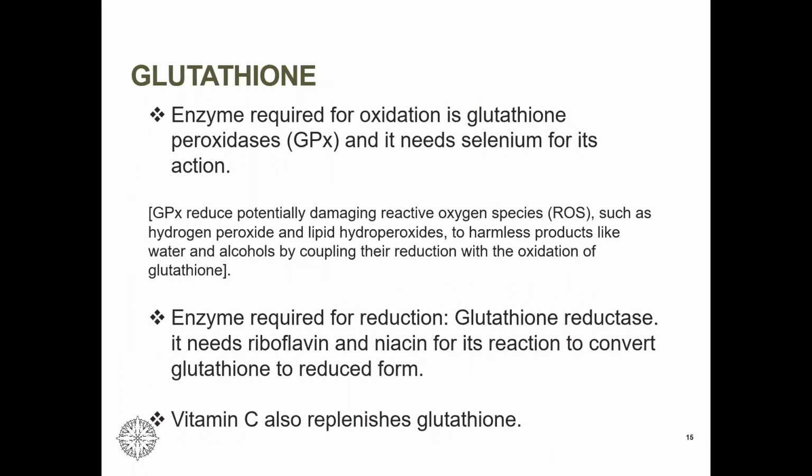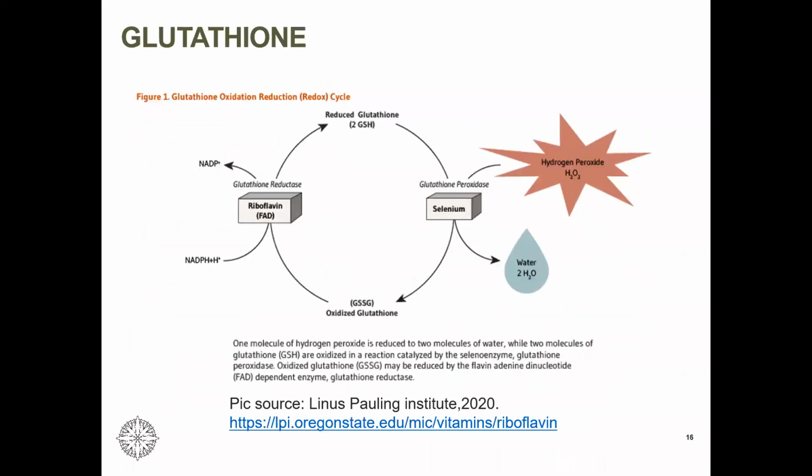So how does it act? As usual, I will go through the figure first and then we'll go to the written form. So this is an example of how glutathione is functioning.